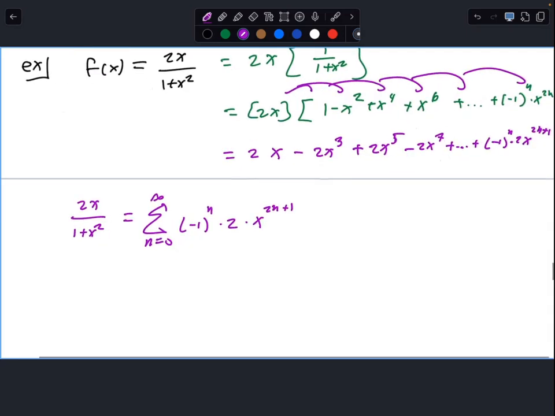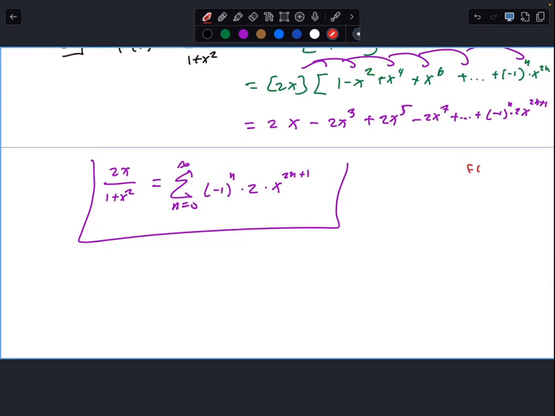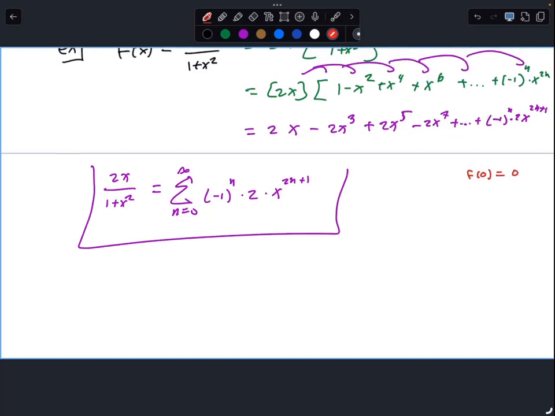We were able to figure this out not by going through the first derivative, second derivative. You could do all the calculus work and you would find that f of 0 is easy to calculate: it gives me 0, plugging in 0, 2 times 0 over 1 plus 0 squared. F prime of 0 would give me 2.